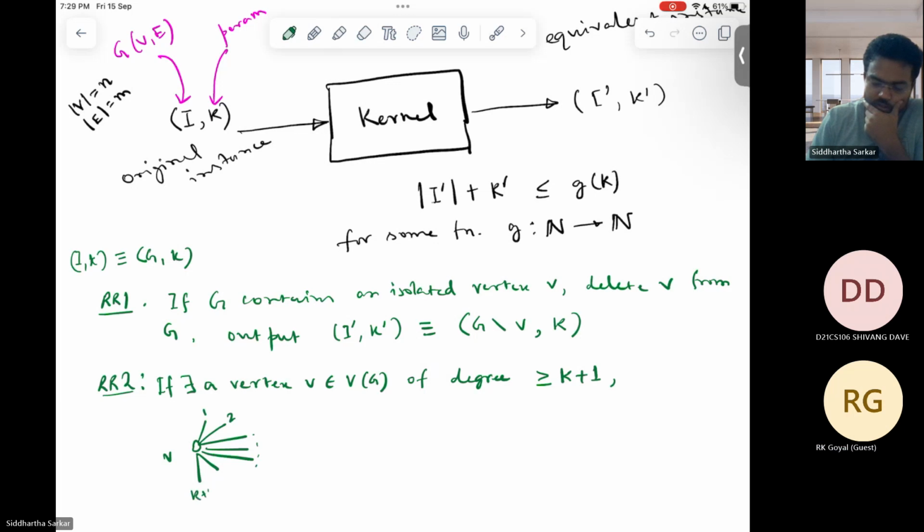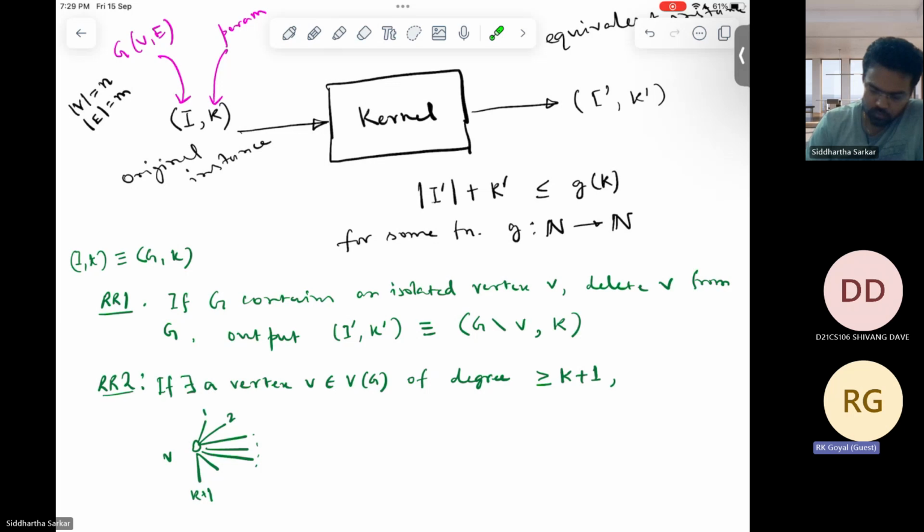I'm looking for k vertices in the vertex cover. So if there is a vertex whose degree is greater than or equal to k plus 1, then what can we say about v?